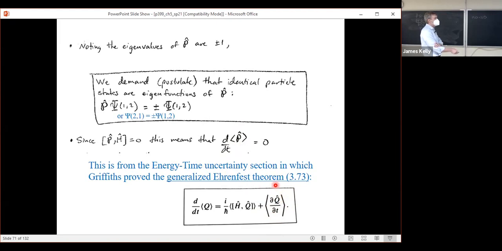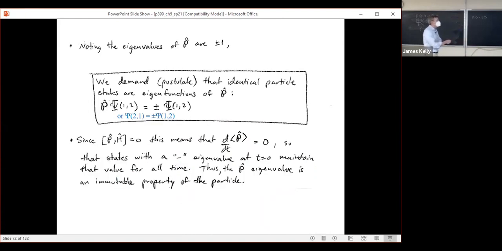It doesn't have any explicit time dependence, so its partial derivative with respect to t is 0. So this term is also 0 for the exchange operator. Oh, and I see I've got to stop, so this is the place where we'll stop here. And what that means is that the left-hand side is 0. The time rate of change of the expectation value of the exchange operator is 0.